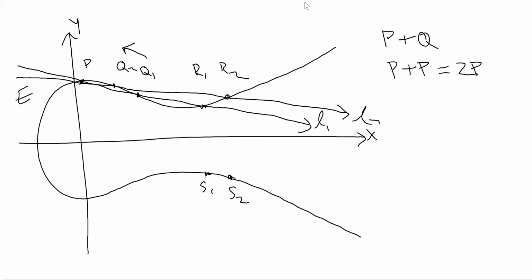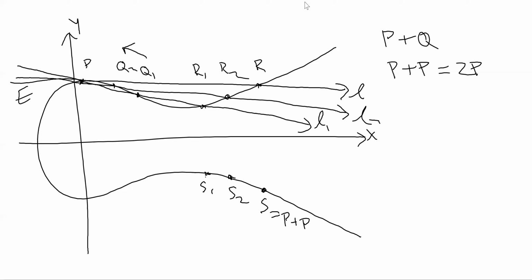You can see what we're getting at: as Q approaches P, we're going to have a tangent line rather than a secant line. So the tangent line will look something like this, and we'll call this one L, and this is R where it hits the elliptic curve E again, and then the reflection of it, S down here, will be P plus P.